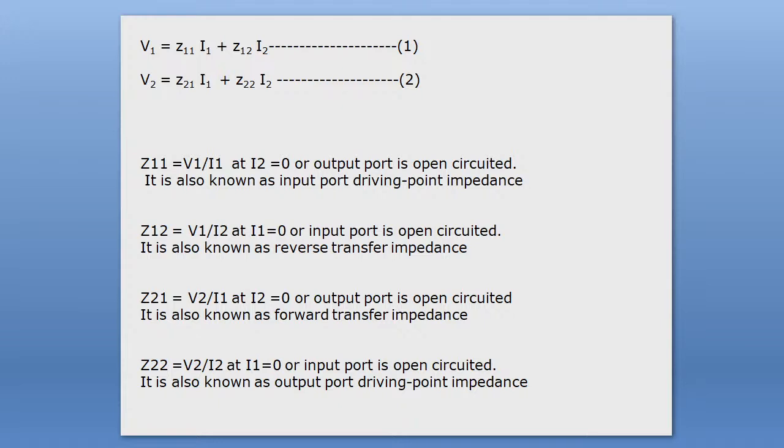Similarly, the current that enters the circuit through the upper terminal of port 2, the same amount of current will leave through the lower terminal of port 2. This is known as the two-port network condition.